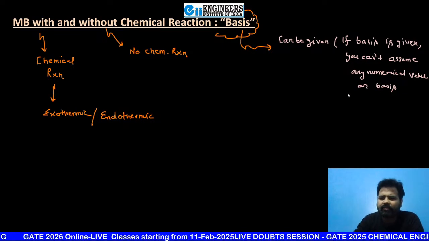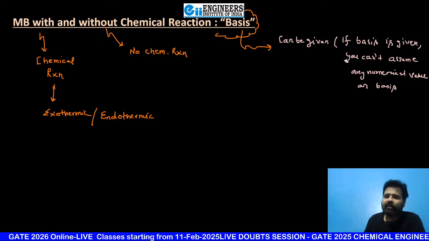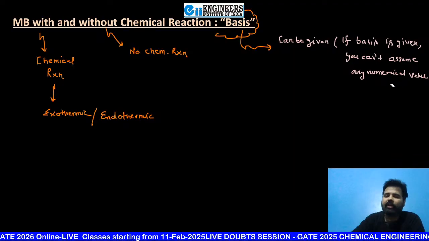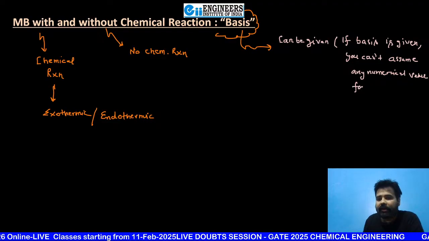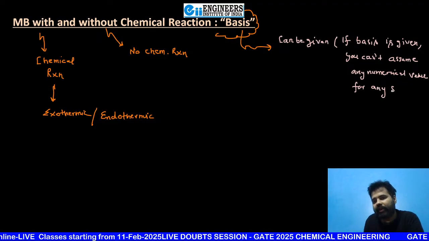Or just write: you can't assume any numerical value for any streams.